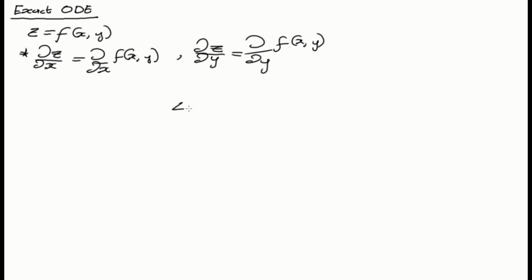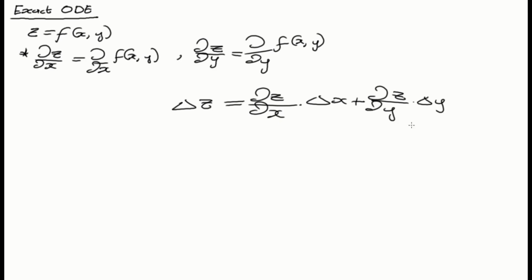So what did we have? We had, for instance, a delta z, if I may use z. Then we said delta z was equal to, if I may use the z again, just to take you back, the partial derivative with respect to x times delta x plus the partial derivative with respect to y times delta y.